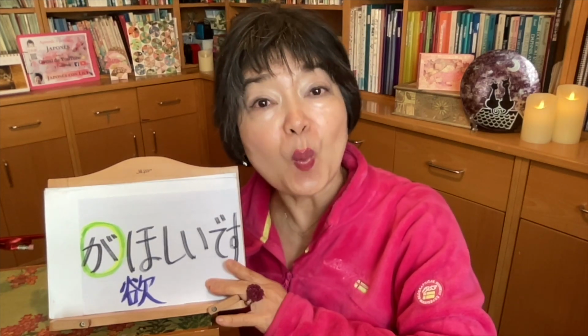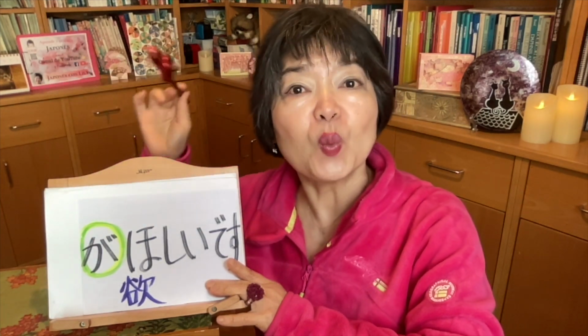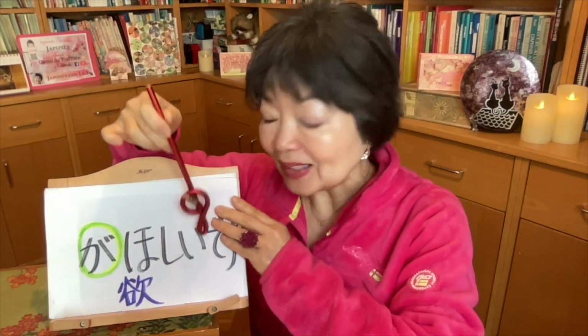If we want concert tickets, let's make a reservation at once. The verb to want something が欲しいです。In English, to want, this is the verb. But in Japanese, 欲しい。We consider this one as i-Adjective.